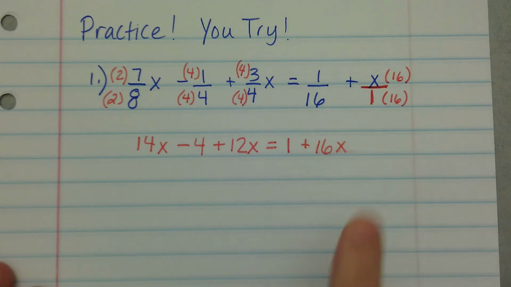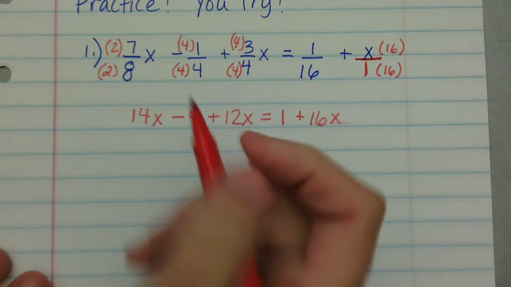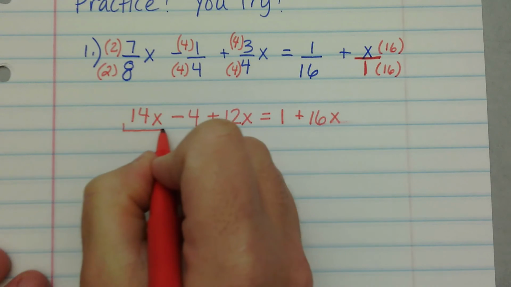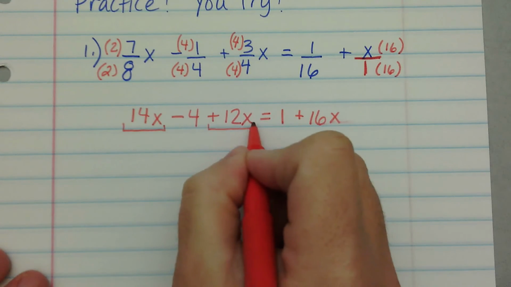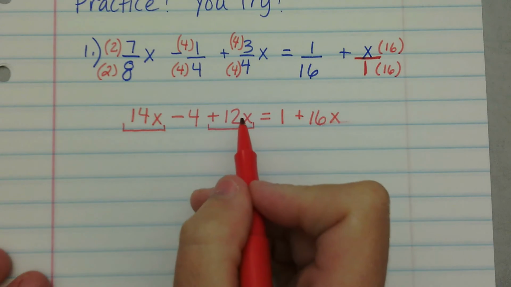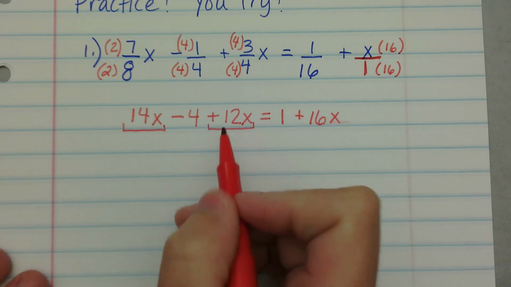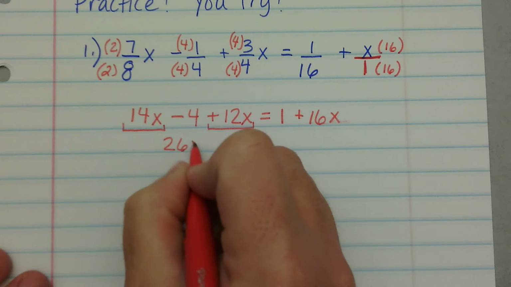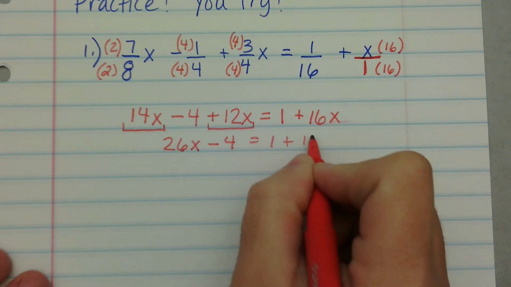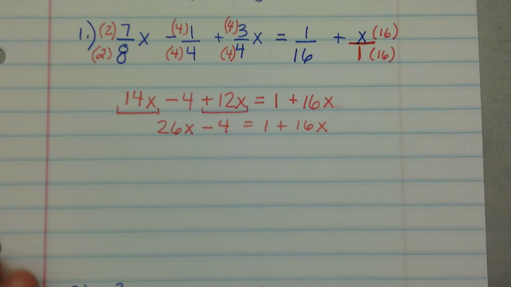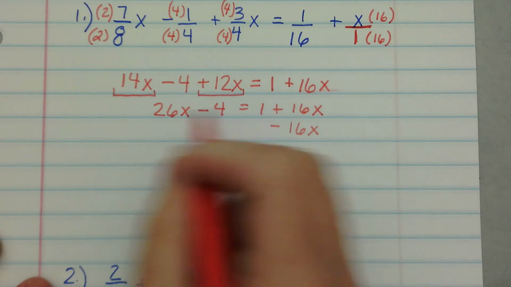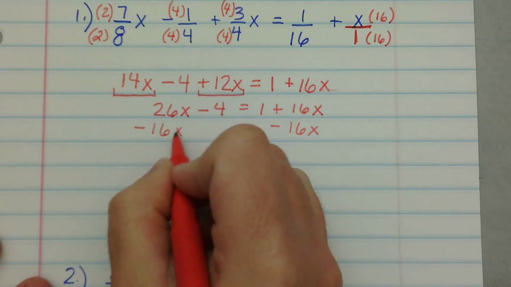So the fractions are gone. We're going to do a little cleanup on the left side of the equals to get our common terms together, combining our like terms. So we have a 14x and a 12x, and we're adding them. That's going to give us a 26x. Bring down our minus 4, and we have 1 plus 16x. We're going to solve this by getting all of our variables on one end of the equal sign.